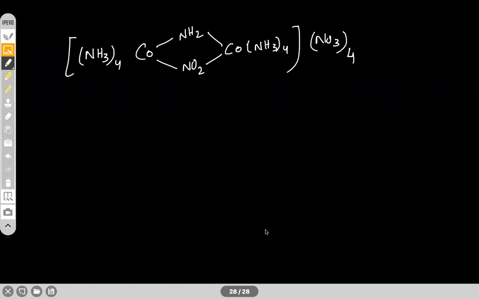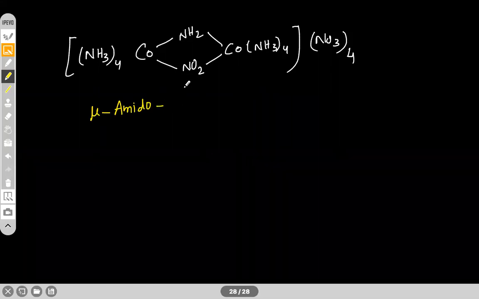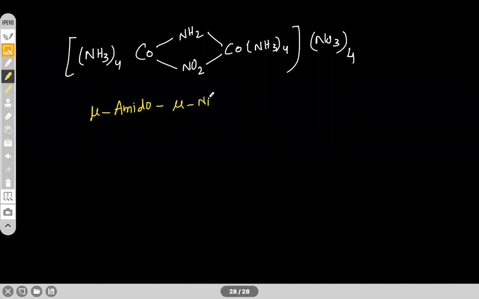So the name of this compound you see, it is nitrito, it is amido. Alphabetically, we'll write this first. So we'll write down mu amido. This means the NH2 group is present as a bridge here between the two metals. Then one more we have, so mu nitrito.